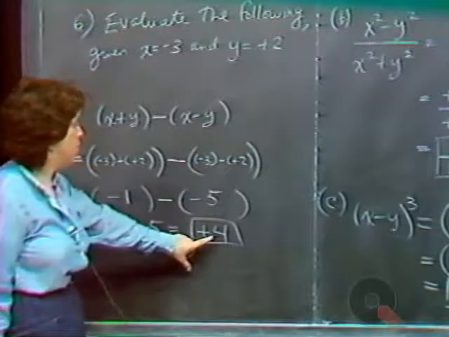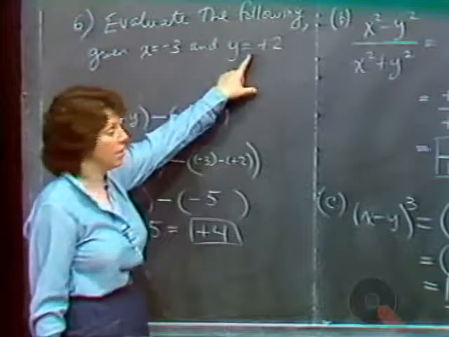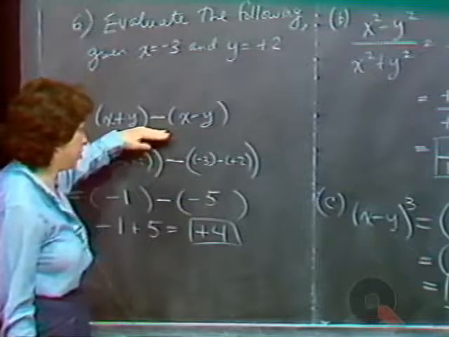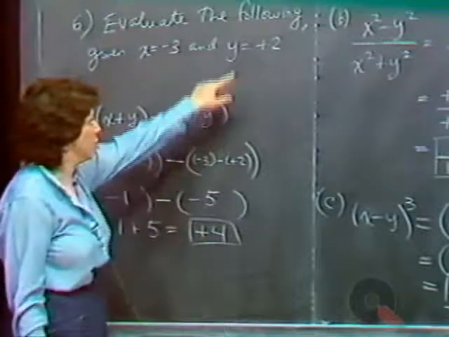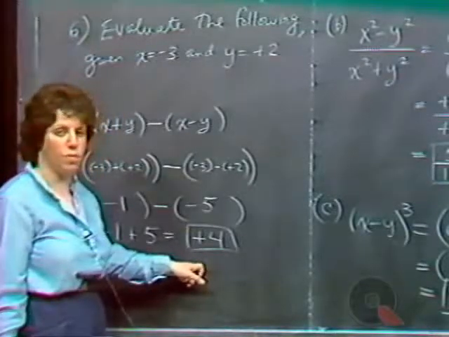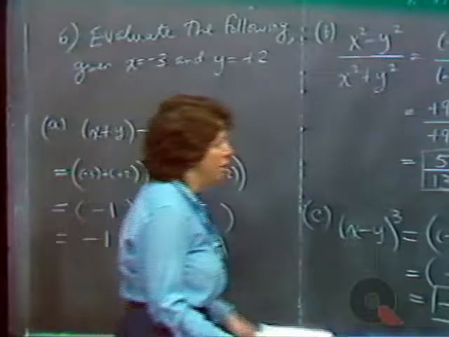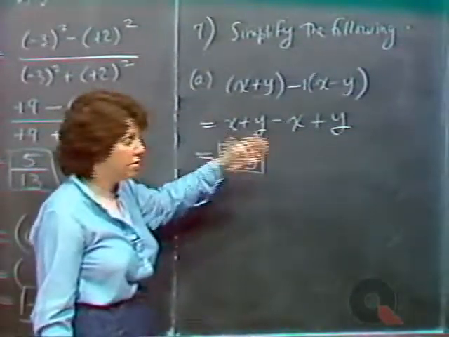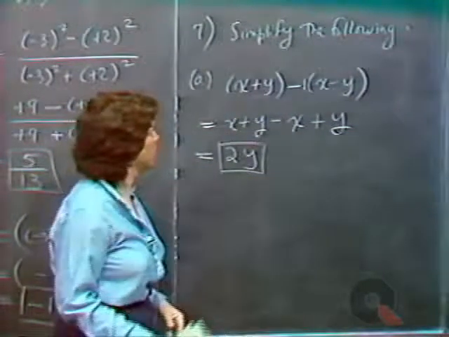Our final answer that we got, plus 4, is the same as 2y. This simplifies to 2y, and if you knew that, then 2y does come out to be plus 4. Here we were simplifying first. And then if you wanted to plug in, say, y equals 2, you could have.